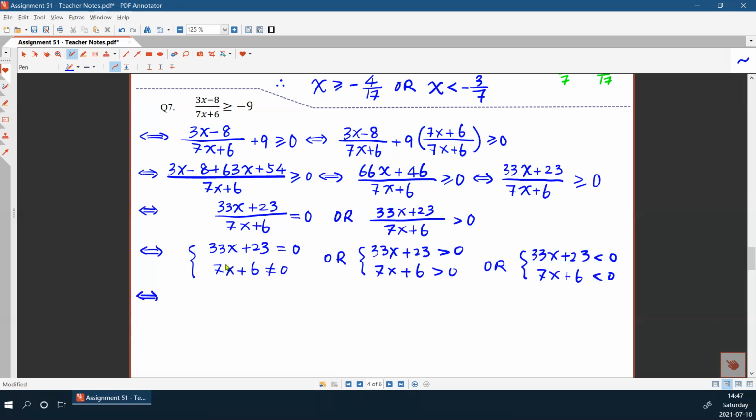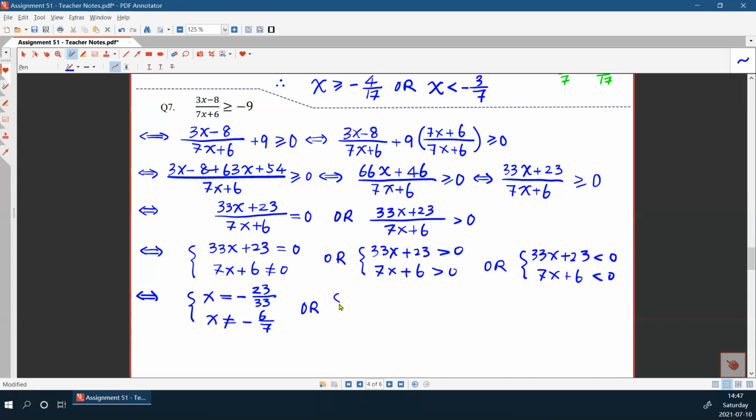First is equation. Equation gives us x. First, x must be minus 23 over 33, and x cannot be minus 6 over 7, right?